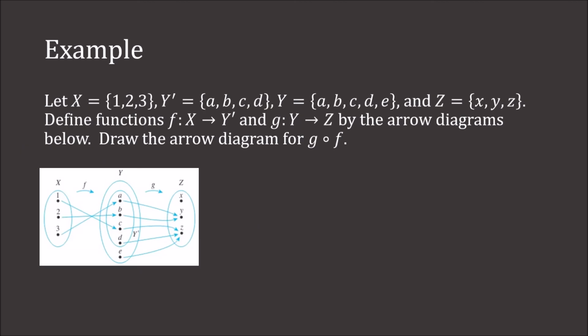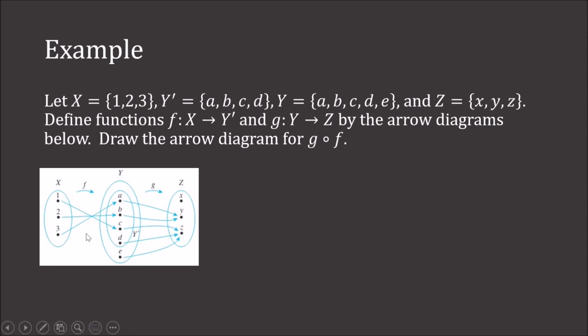All right, so let x be the set 1, 2, 3, let y prime be the set a, b, c, d, let y be the set a, b, c, d, e, and let z be the set x, y, z. Define functions, f from x to y prime and g from y to z by the arrow diagram below.